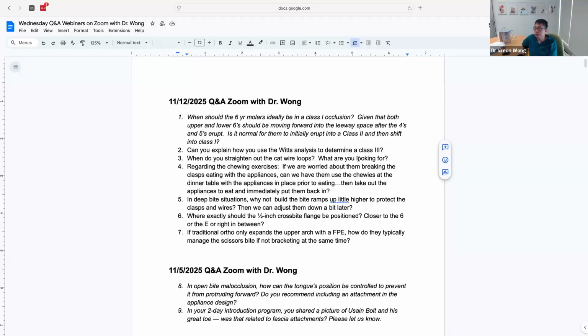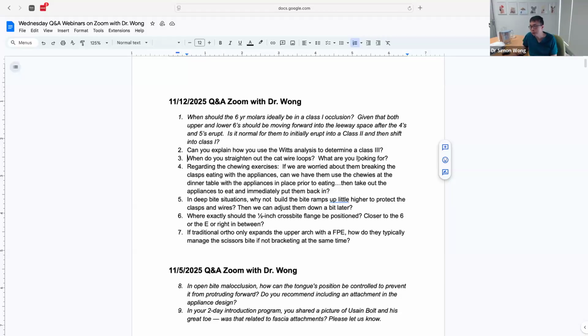Second question: can you explain how you use the Wits analysis to determine a class 3? So Wits is taken off the occlusal plane and the deepest curvature of the alveolar bone at the basal dental alveolar junction.